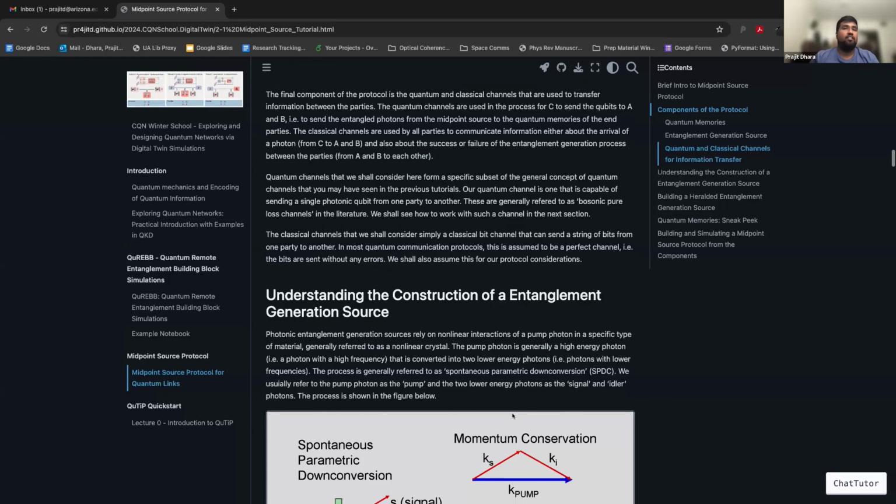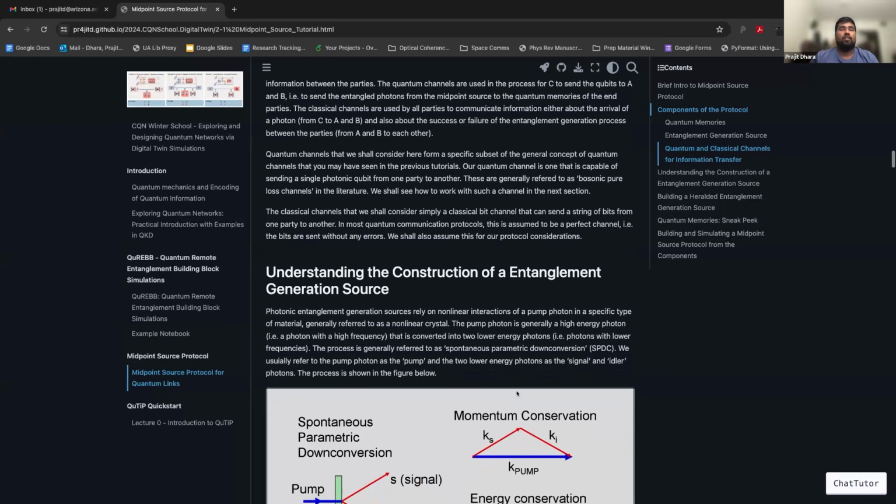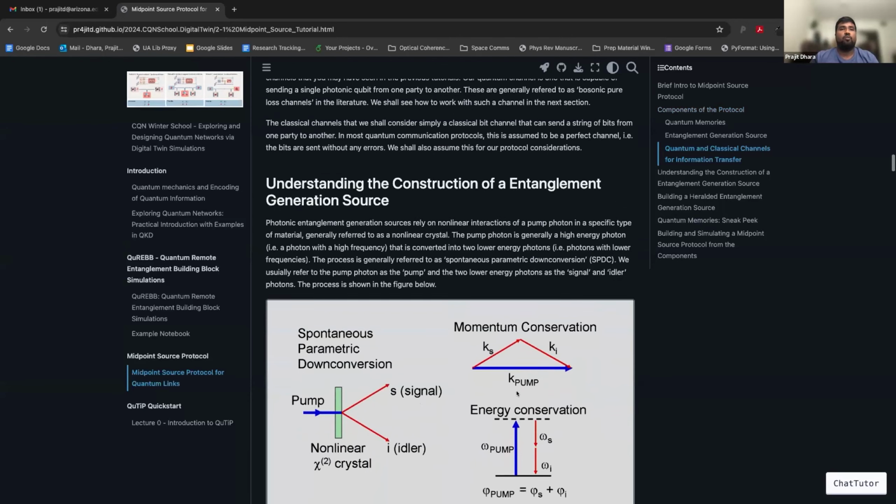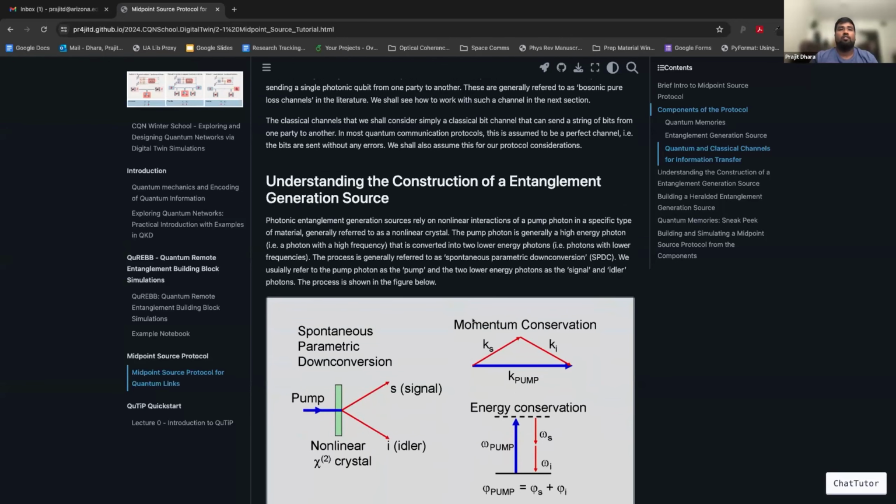abbreviated as SPDC. The process is quite straightforward in terms of how it can be visualized. It's simply a pump photon that interacts with the nonlinear medium in such a way that two photons are created in the signal and idler fields. The signal and idler are just arbitrary designations of the two generated daughter photons.